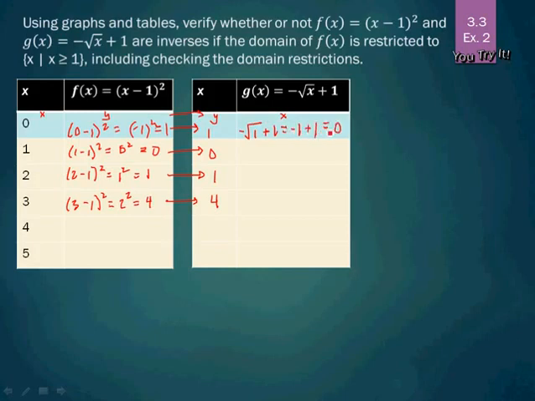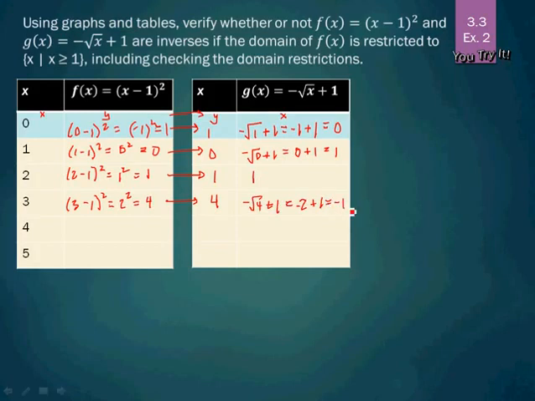Then if we plug in 0, we get negative square root of 0, plus 1. The square root of 0 is just 0, negative 0 is just 0, so we get 0 plus 1 is 1. 1, we did that in the blue row, so we get 1. And then 4: negative square root of 4, plus 1. The square root of 4 is just 2, so we get negative 2 plus 1 is negative 1.